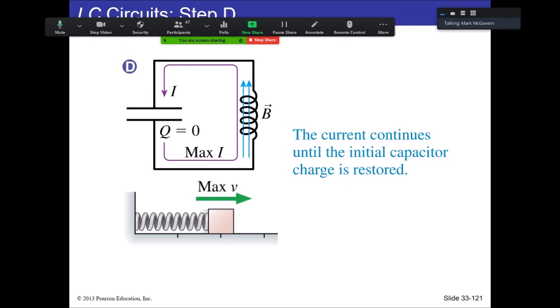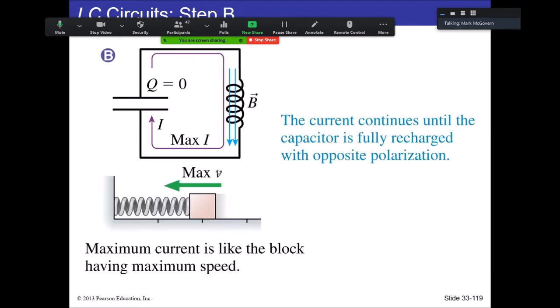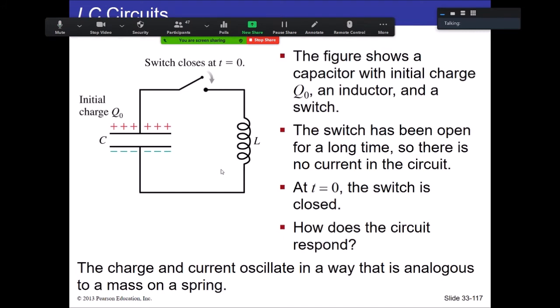All right, so let's just go right here. What's going on here? Loop law. What does loop law have to say about this? Well, that's what the capacitor is doing, right?